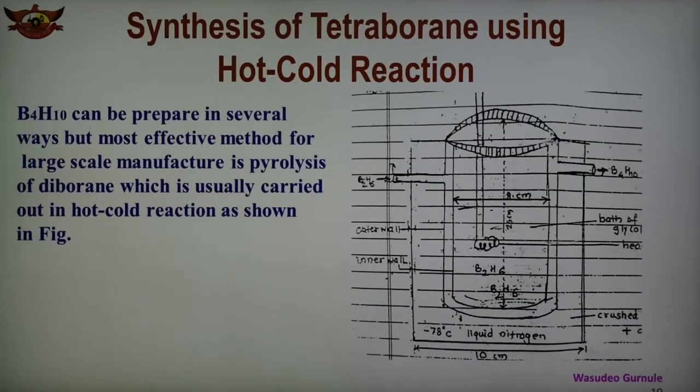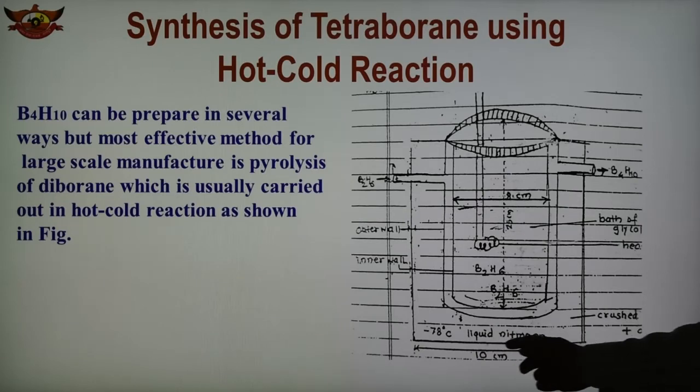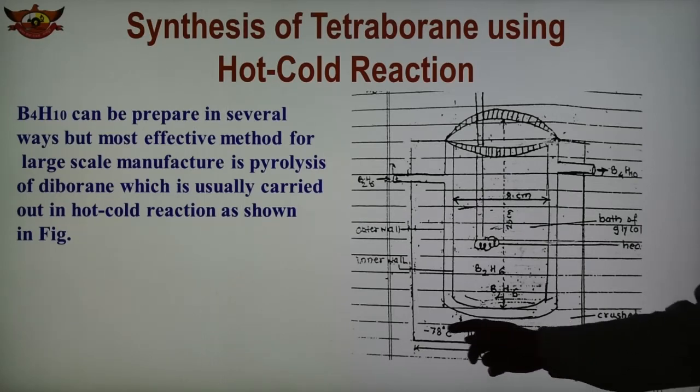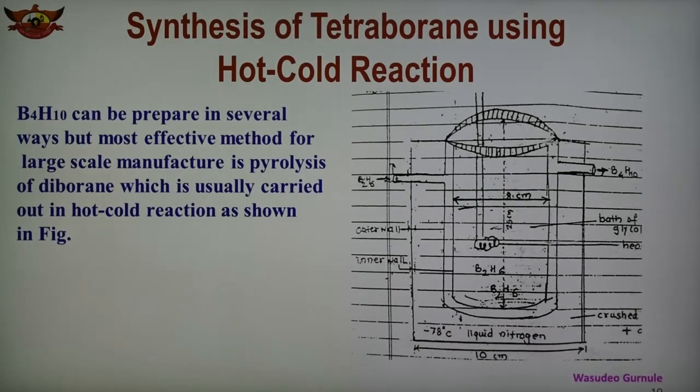Now there is also another route for the synthesis of tetraborane, using the hot-cold reaction method. This shows the outline of the arrangement for the hot-cold reactor. Here is crushed ice, and liquid nitrogen is kept here at minus 78 degrees Celsius.